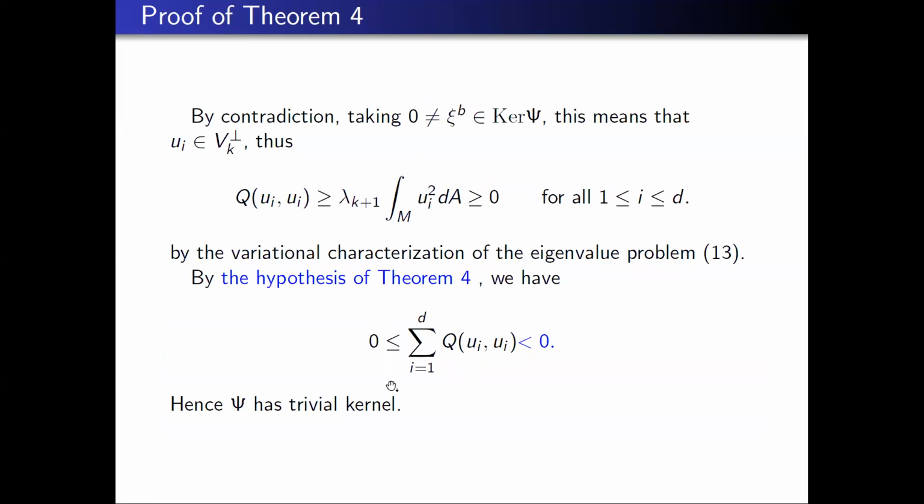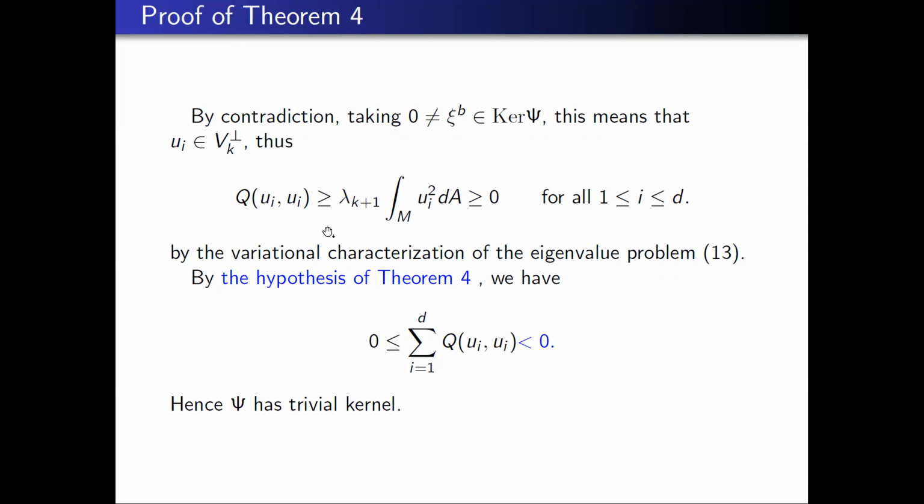We use an argument by contradiction. We take psi flat, which is not 0 and belongs to the kernel of phi. That means u_i belongs to the orthogonal complement of V_k. Thus, Q(u_i) is larger than 0 for any i from 1 to d by the variational characterization of the eigenvalue problem (13).